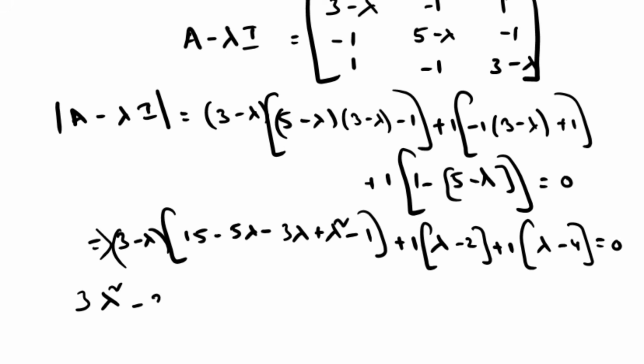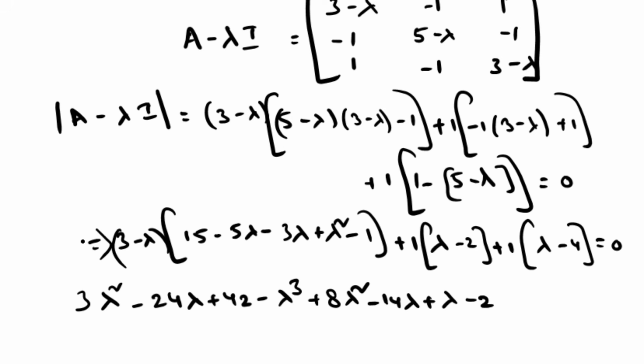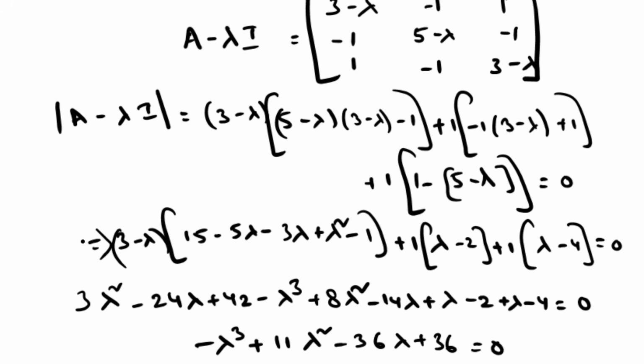Lambda square minus 24 lambda plus 42 minus lambda cube plus 8 lambda square minus 14 lambda plus lambda minus 2 plus lambda minus 4 is equal to 0, so minus lambda cube plus 11 lambda square minus 36 lambda plus 36 is equal to 0.